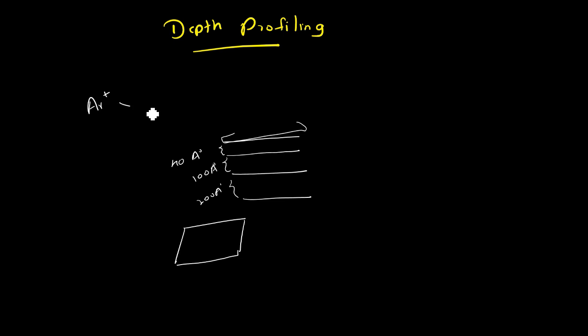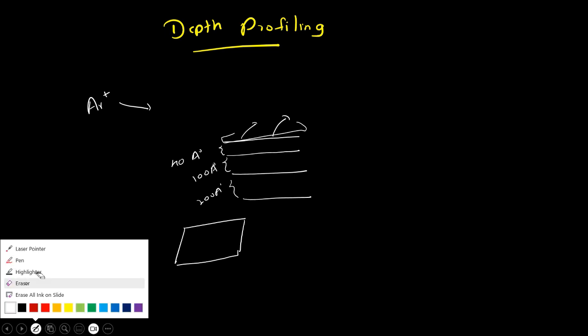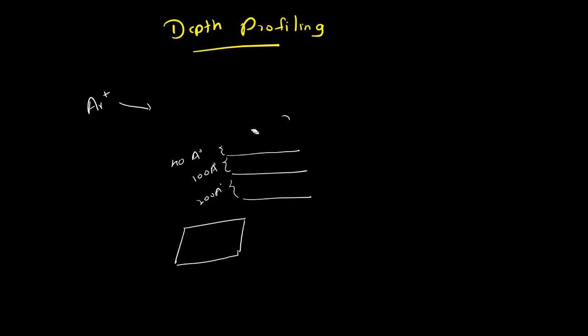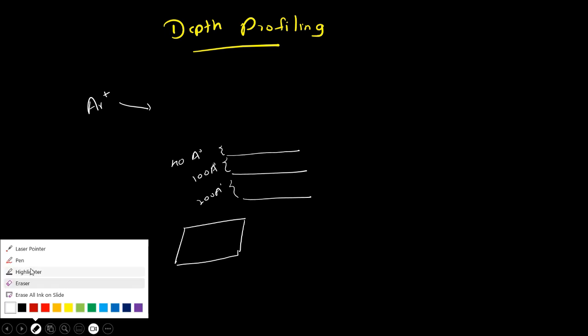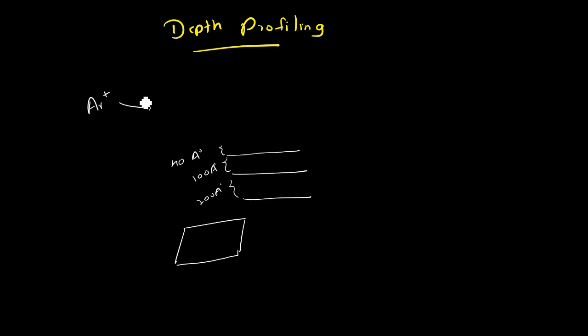We are going to bombard these argon plus ions onto our surface. These ions will transfer their kinetic energy to the atoms on the surface, and our surface will be peeled off. Now in our new sample, the surface layer has been peeled off by these ions.